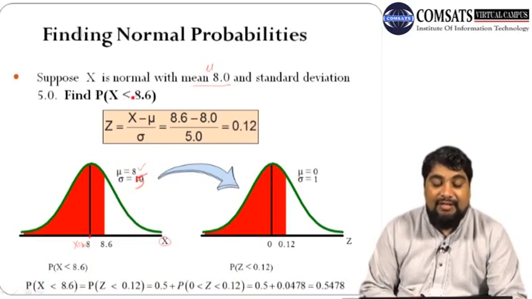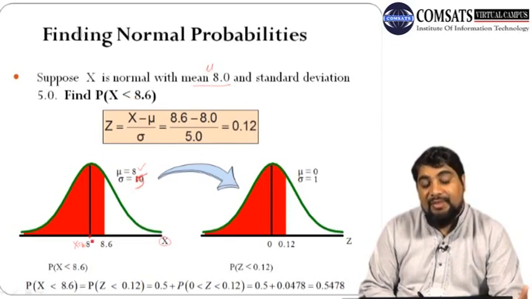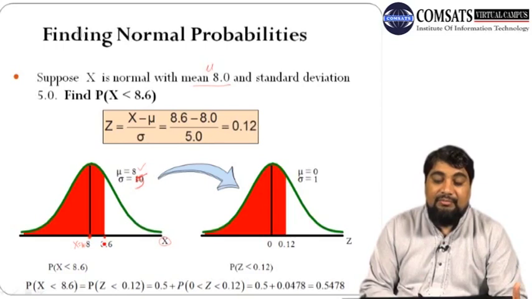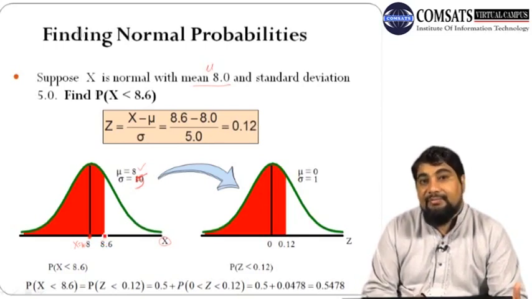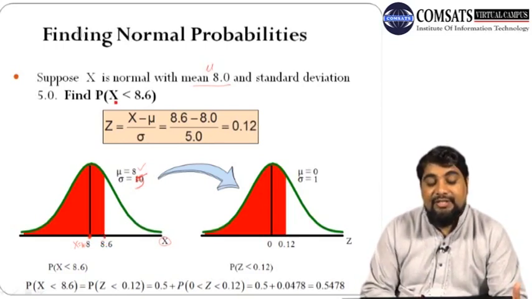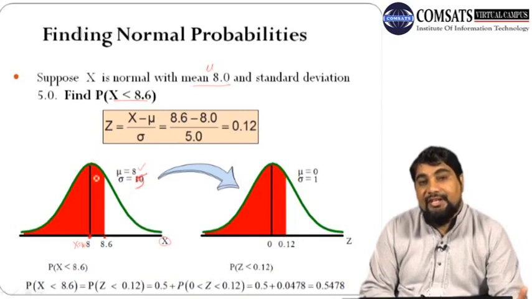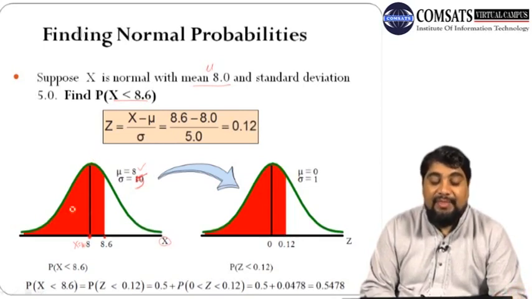Now, 8.6 will lie to the right of x equal to 8. Here we have 8.6. We are interested in finding the probability that x is less than 8.6, in other words this shaded area in red color.